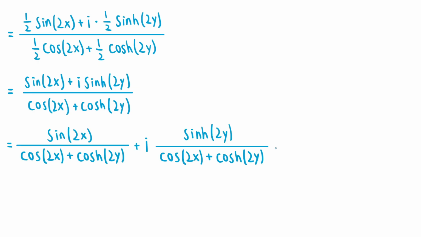If we separate the expression into its real and imaginary parts, the resulting expression is sine 2x over cosine 2x plus cosh 2y plus i times sinh 2y over cosine 2x plus cosh 2y. So this is the definition of tangent of z, where z equals x plus iy, in terms of its real and imaginary parts.